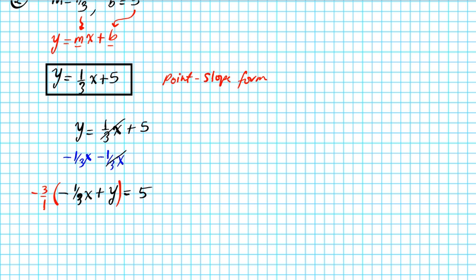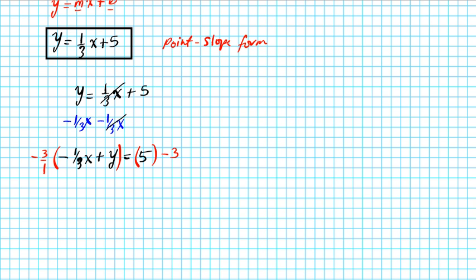When you reciprocate negative 1/3, the bottom goes to the top and the top goes to the bottom, the sign stays the same. Doesn't matter where the sign is, so it's going to be negative 3/1. That's the reciprocal, okay? All right, so let's apply that to this. I did that to the left side, so I have to do it to the right side also to preserve equality, multiply by negative 3.